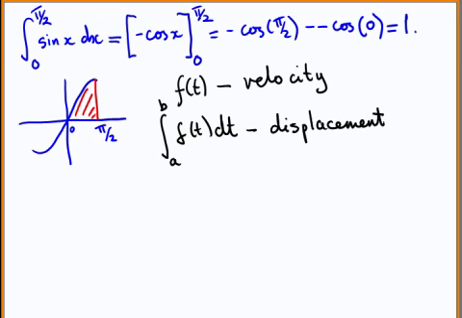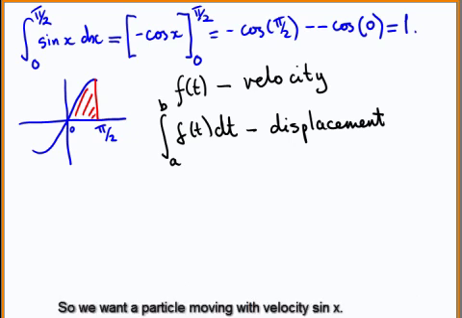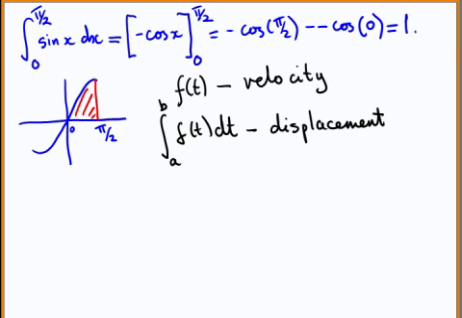What this means is that if we can find something which has a velocity sine t between 0 and pi over 2, then the displacement should correspond to 1. Where could we get that?